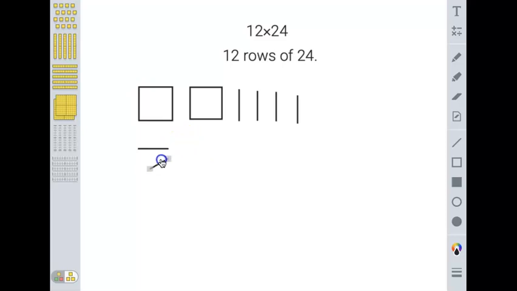Those will represent 2 tenths below our hundredths. And then lastly, our dots will represent our ones, which is 2 ones below our tens, in total 8 ones.